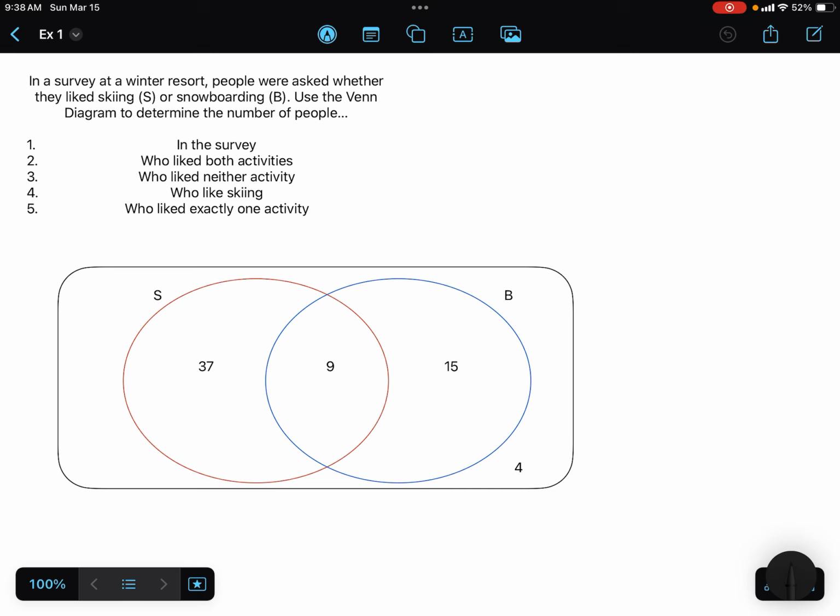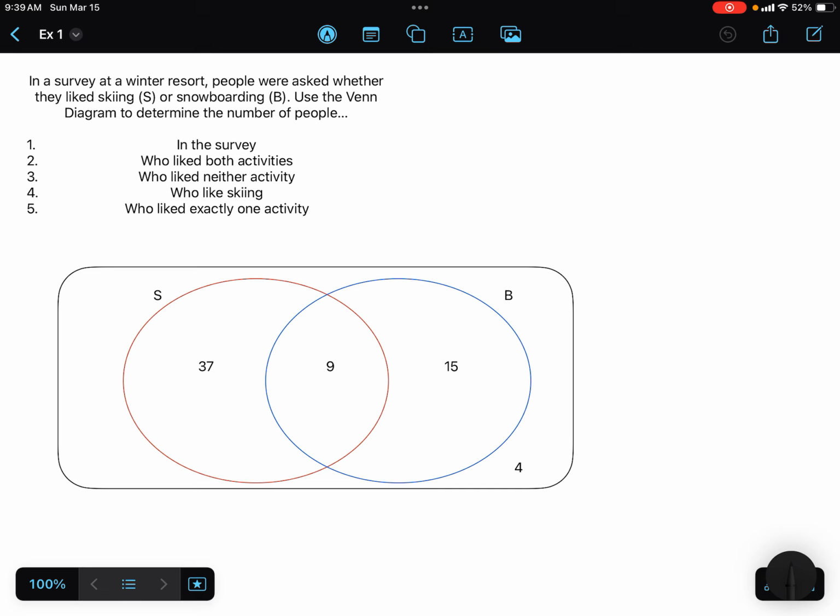That signifies the entire sample that's being asked. Everybody who was asked this question is represented by this. And then you have a red circle and a blue circle. The red circle is also marked with S, and that's designated as people who said they like skiing. And the blue circle marked B stands for people who said they liked snowboarding.